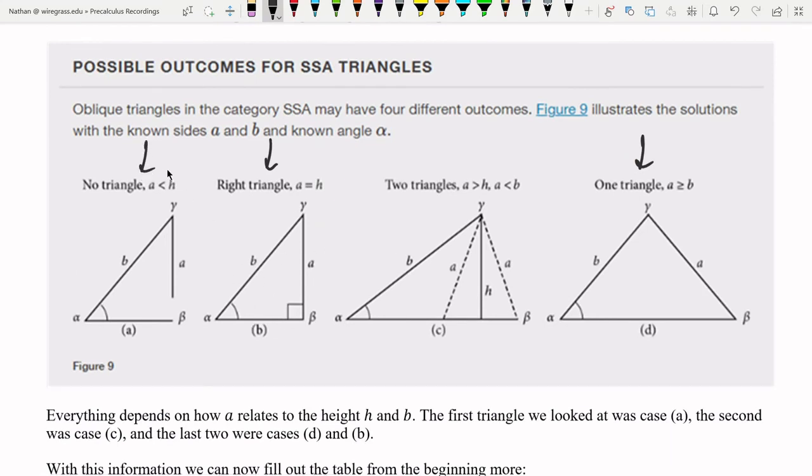No triangle, I showed you that in the very beginning, where A is less than the height of the triangle. You can, of course, just try law of sines on this one. And when you do that, you're going to get a syntax error or something like that in your calculator. You're not going to be able to continue.